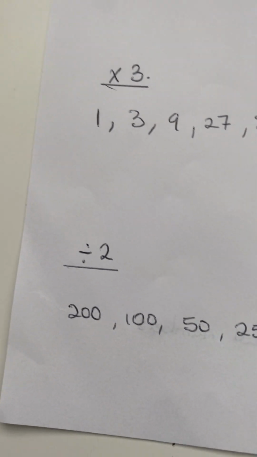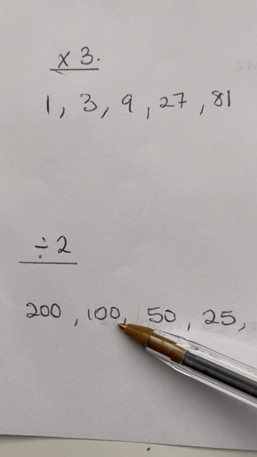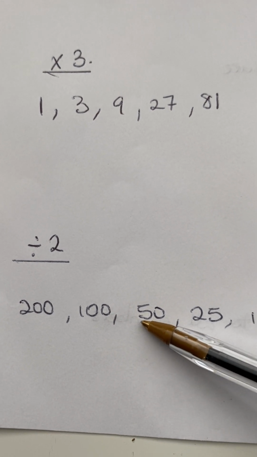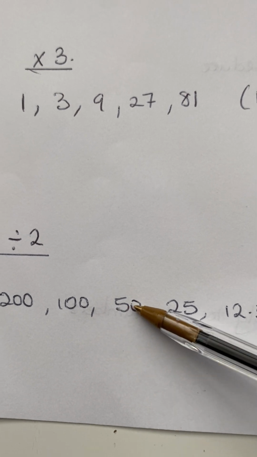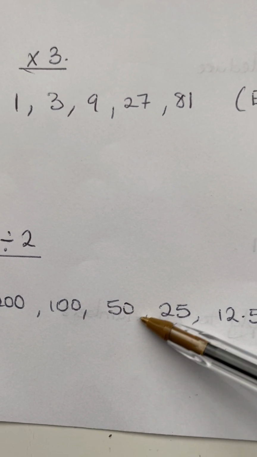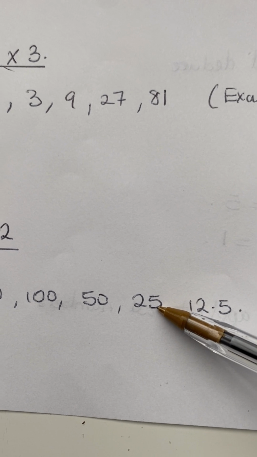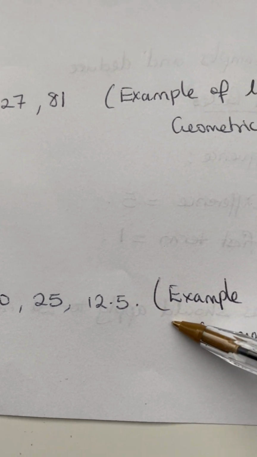Now divide: 200 divided by 2 is 100, 100 divided by 2 is 50, 50 divided by 2 is 25, 25 divided by 2 is 12.5.